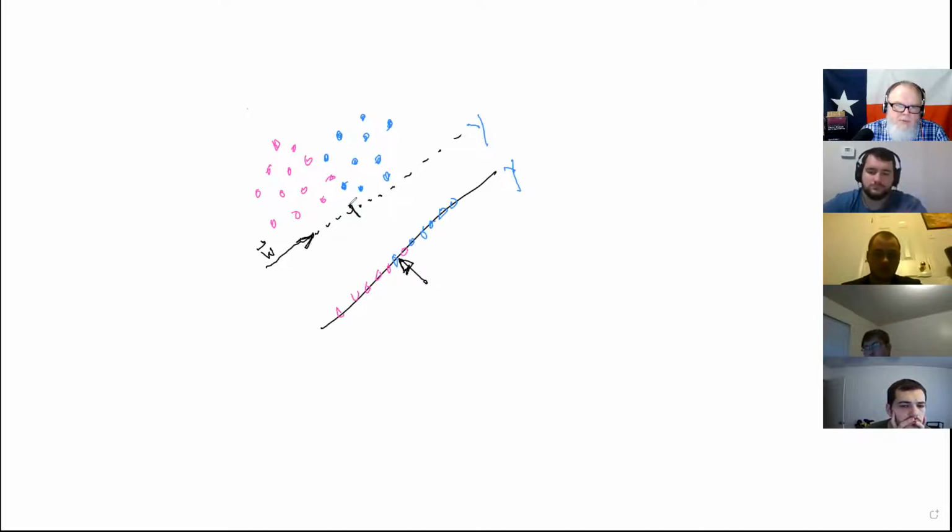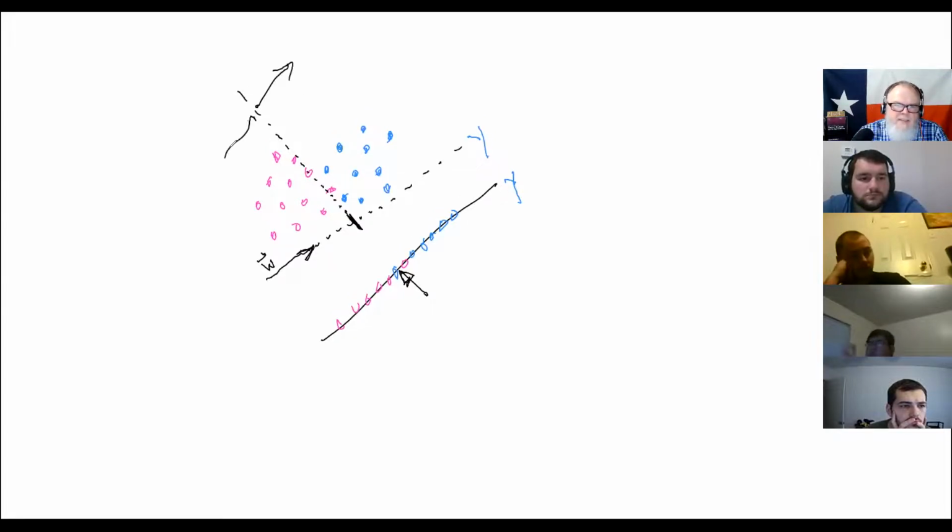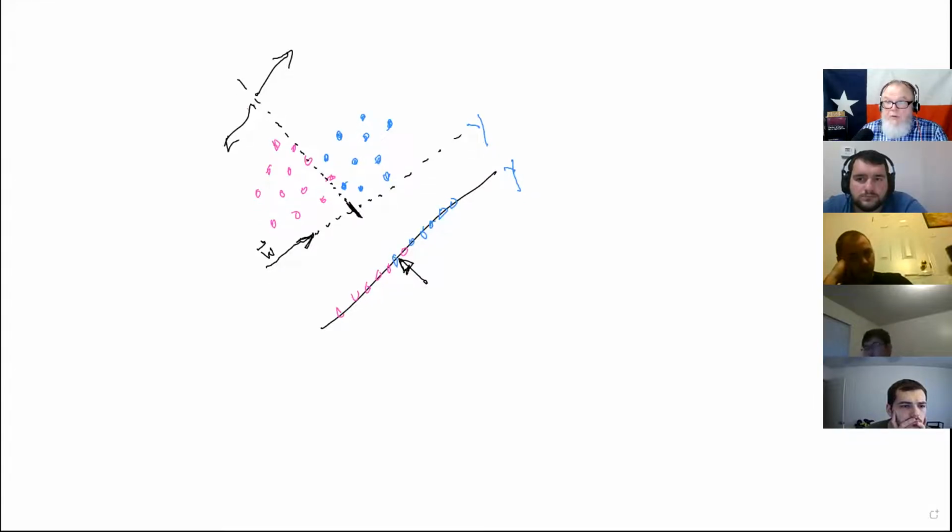Notice that choosing a threshold here is exactly the same as putting a line here and saying everything on this side is blue, everything on this side is pink. So anytime that you have this sort of relationship where you do a simple threshold equation, you are indeed having a linear classifier.